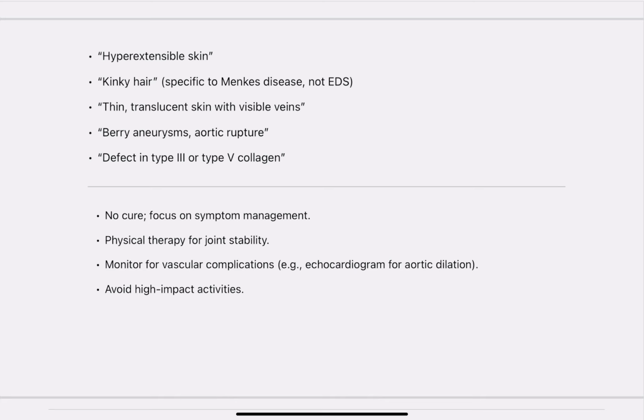Now, kinky hair, these are some buzzwords. Kinky hair is specific to Menkes disease. It is not used for Ehlers-Danlos syndrome. So, kinky hair is a buzzword for Menkes disease. It is not a buzzword for EDS. Hyperextensible skin, thin translucent skin, visible veins, aneurysm, aortic rupture, defect in type 3, these are buzzwords for Ehlers-Danlos syndrome.